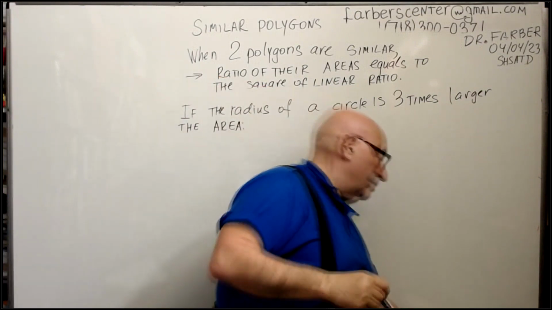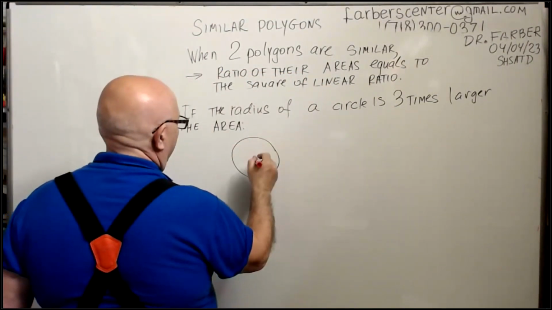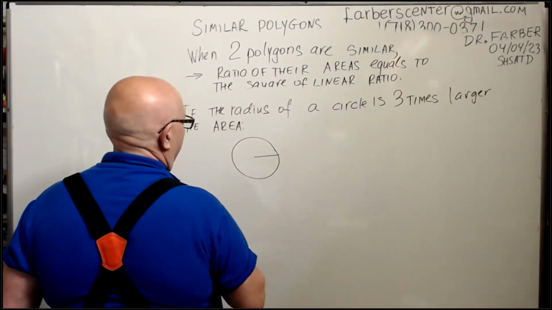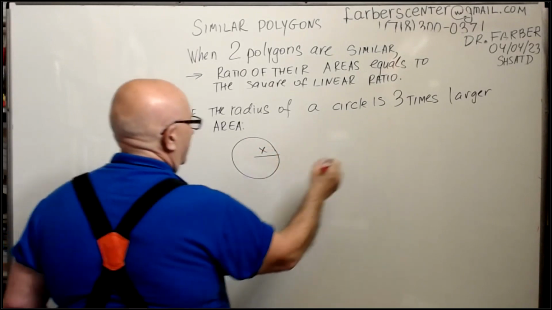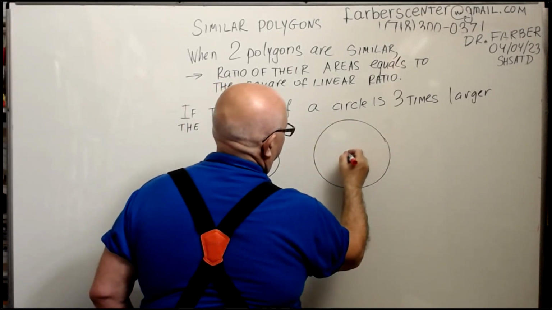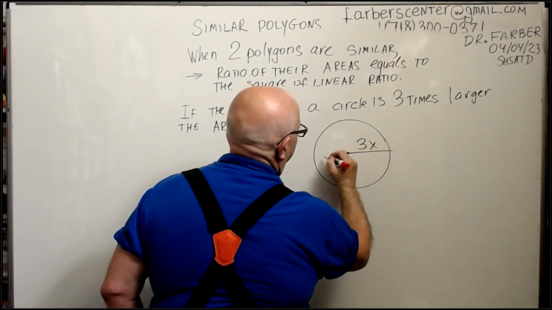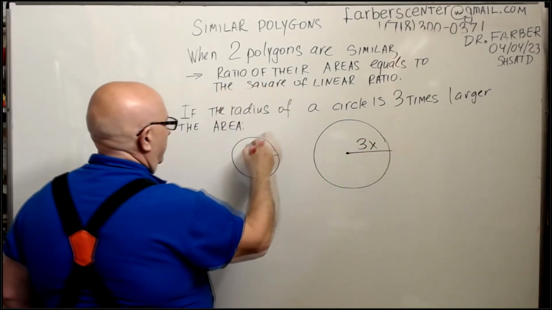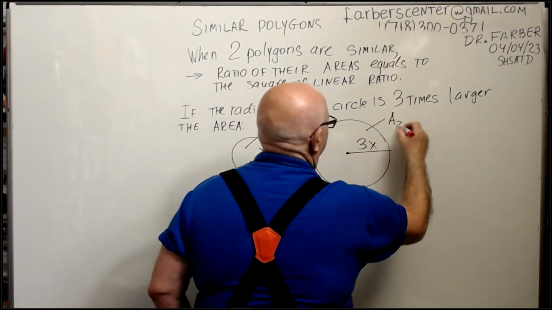Look at this. Make a picture. You have a small circle, where the radius is x, and you have another one where the radius is 3x. This is area 1, and this is area 2.